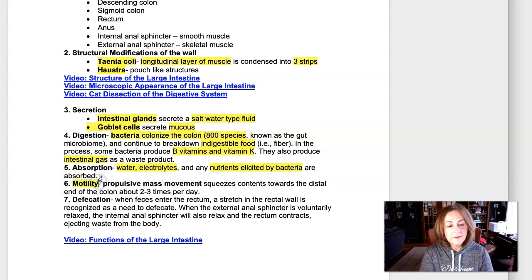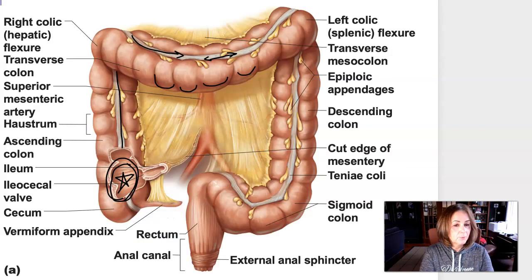Motility. The large intestine is a very lazy organ in that usually what's called a propulsive mass movement will propel contents of the large intestine forward about 2 to 3 times per day. I'm going to switch over to a picture to show you what I'm talking about.